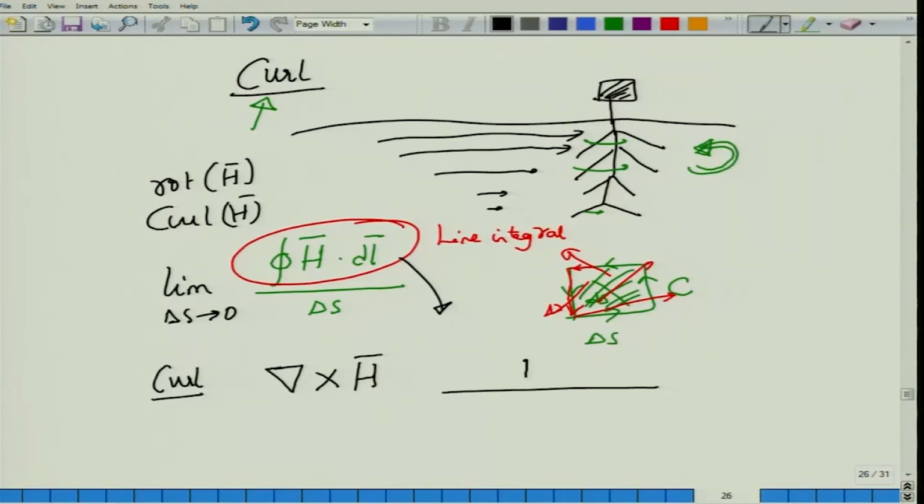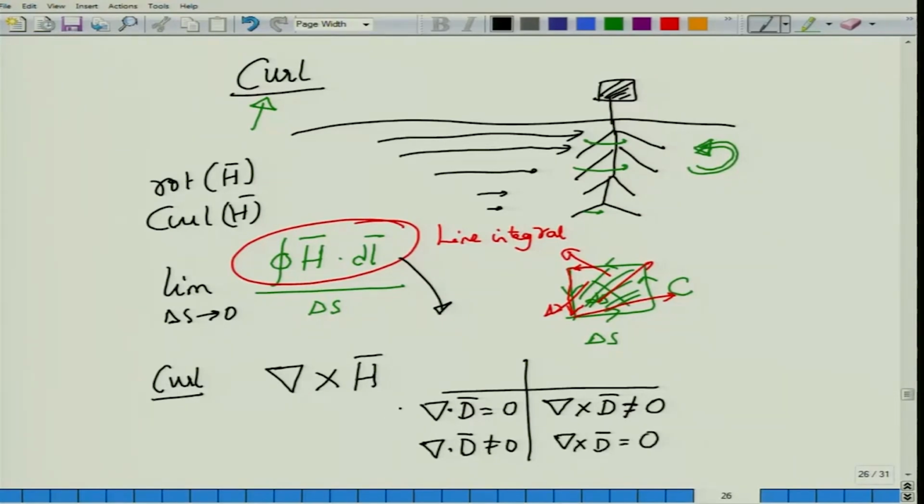Based on that, you actually have two kinds of field, okay. One field where the divergence is 0, whereas the curl of the field is non-zero, and then you have the case where the divergence of the field is non-zero and the curl of the field is equal to 0.